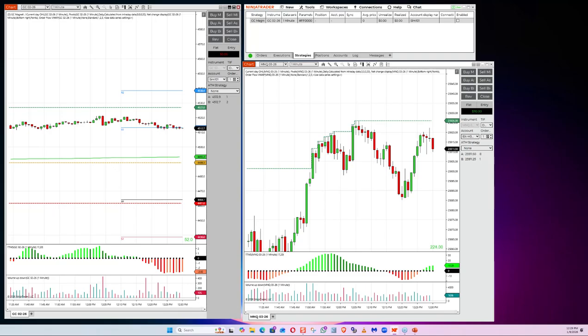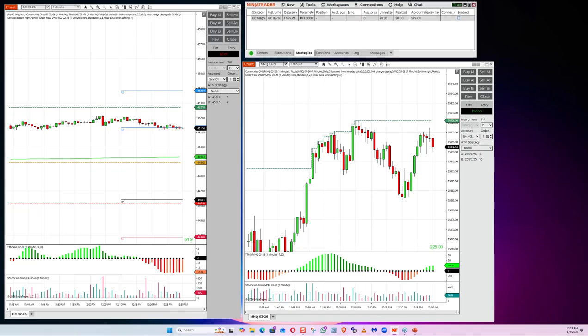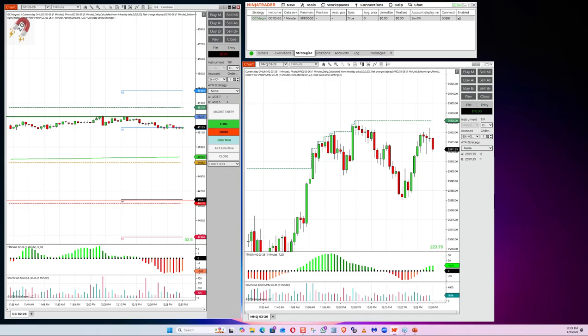When you turn on the magnet in the control center by enabling it, we get our own control center, which allows us to set up our orders and put our orders at the right level where we feel there will be a good possibility of a fill.